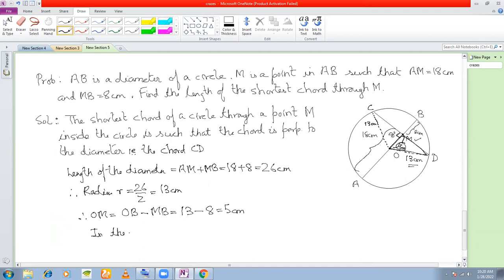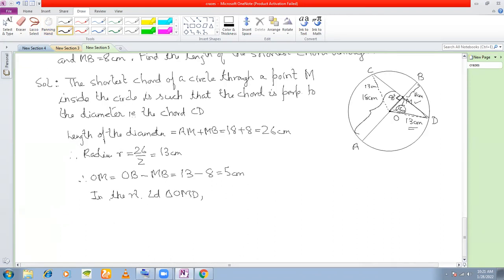In the right angled triangle OMD, you have OD square is equal to OM square plus MD square. Put the values. OD is 13, so 13 square. OM is 5, and MD you have to find out.